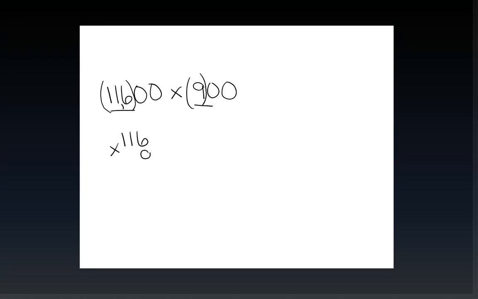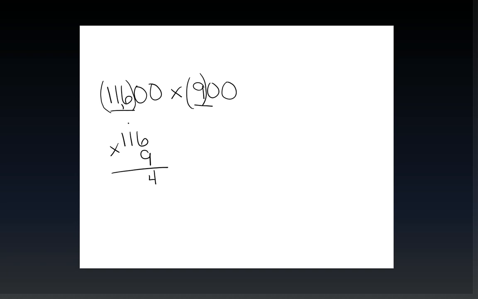I need to do 116 times 9. Now remember to line this up properly. Always do your work neatly when you are multiplying like this. Sloppiness is often where our errors lie. So remember, when we stack up to multiply, I start right here with this first digit. 6 times 9 is 54.